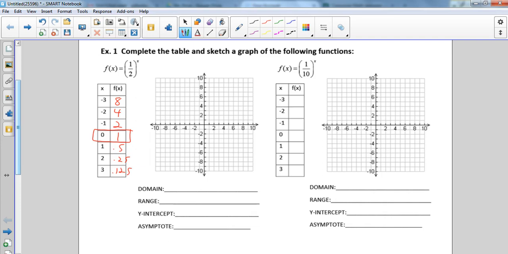So -3 is going to give me +8. -2 is going to give me +4. -1 is 2. 0 is 1. And now we get into the closer and closer to 0. And so our graph looks something like that.